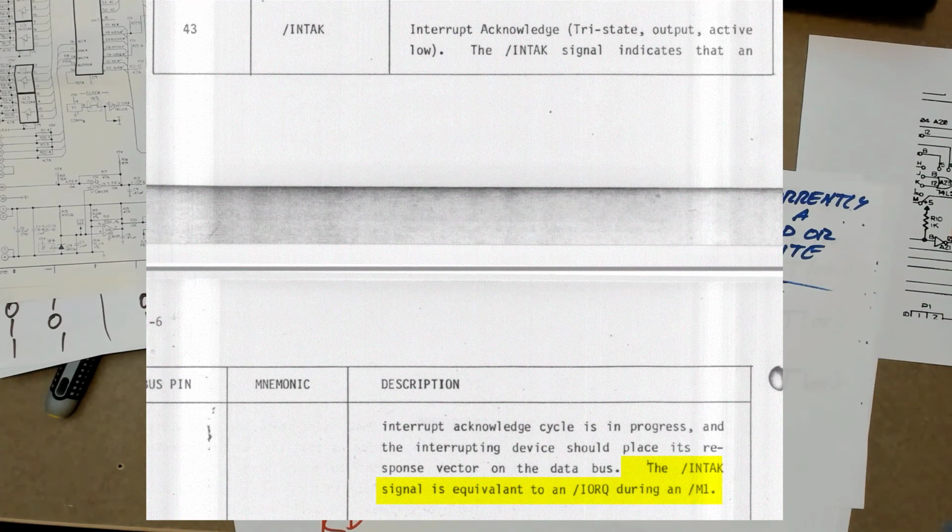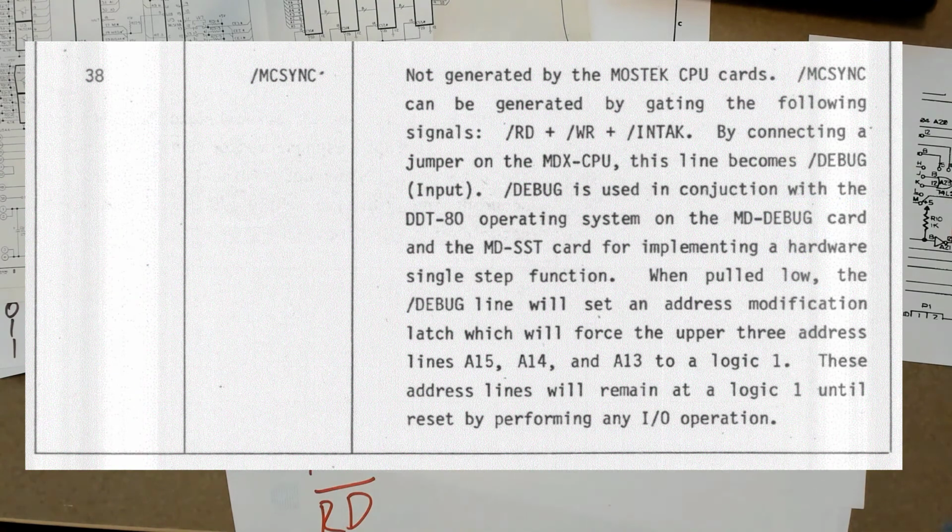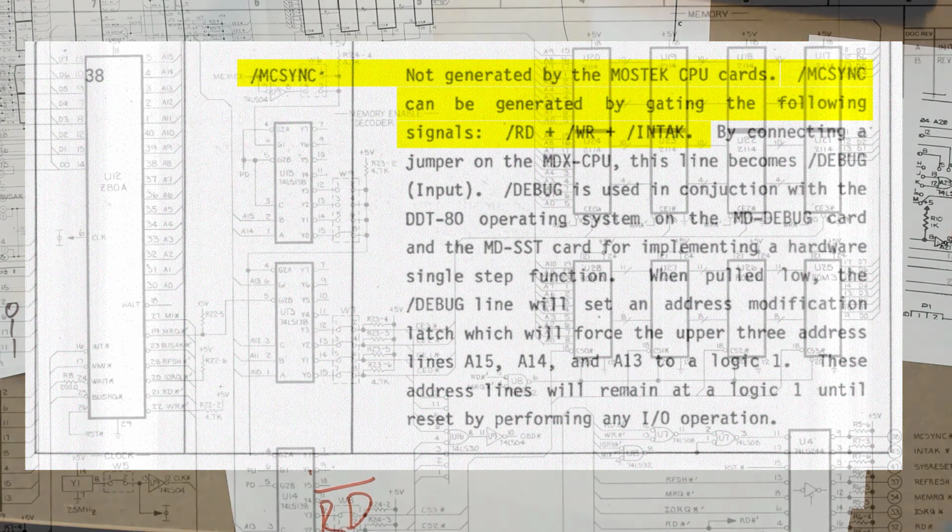And technically that's correct, but they're not going to get into the nitty-gritty details of how that's accomplished. Likewise, they say that MC sync is not generated by the MOSTEC CPU cards, but if you did feel the need to generate it, gate together the read, the write, and the interrupt acknowledge.